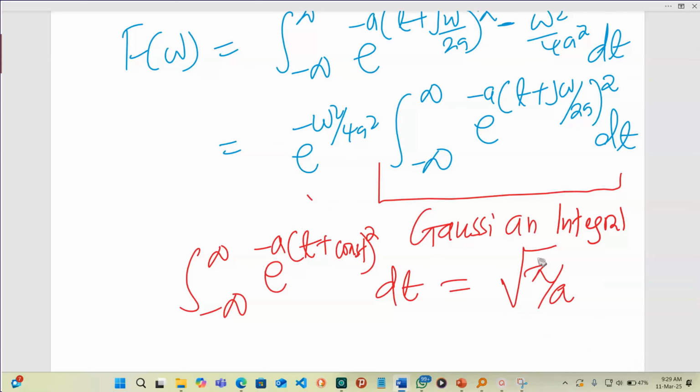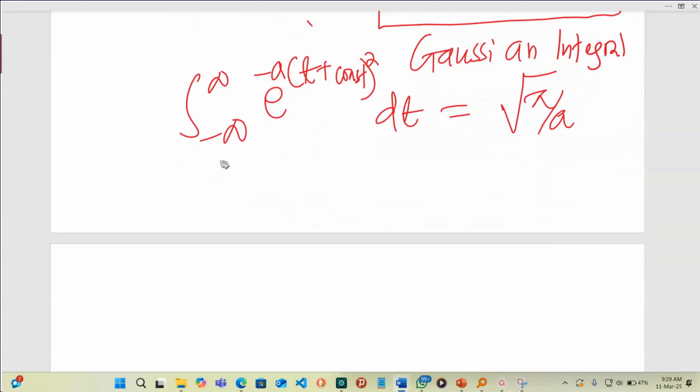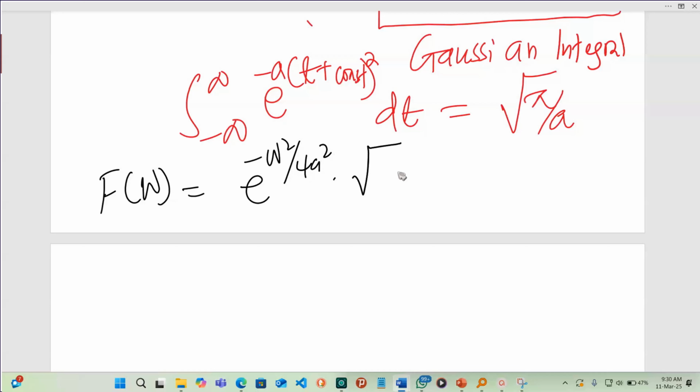This is a constant, this is t, this is negative a outside. So I can replace the whole of this with square root of pi out of a. Therefore, the integral, which gives us the Fourier transform F omega, will equal exponential negative omega squared out of 4a squared times square root of pi out of a.